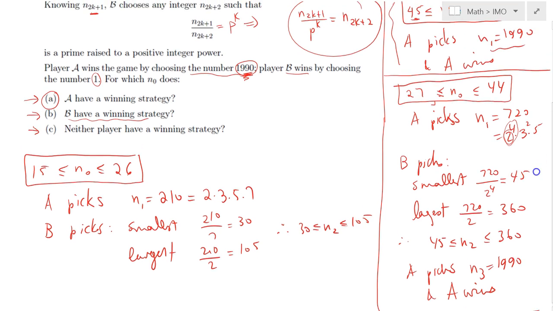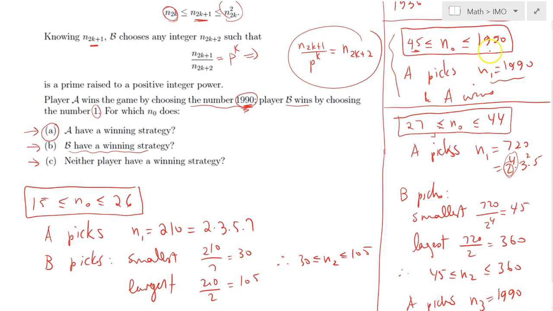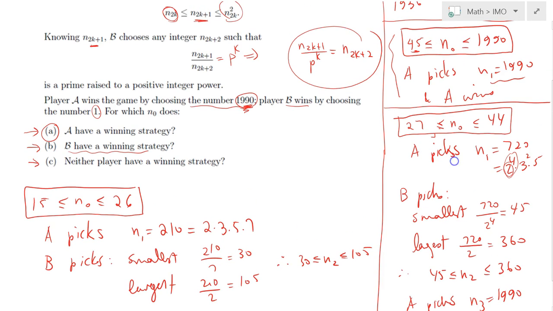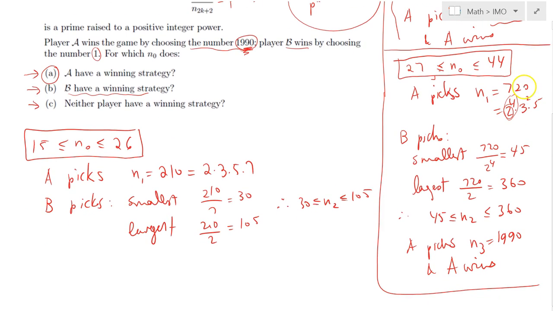But then when you compare it with the previous 2 intervals, if n2 is between 30 and 44, in that case, A will continue to pick 720.